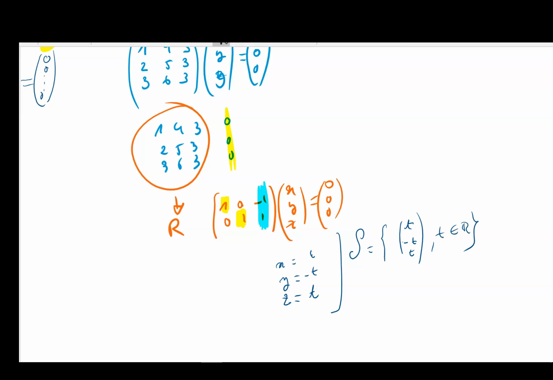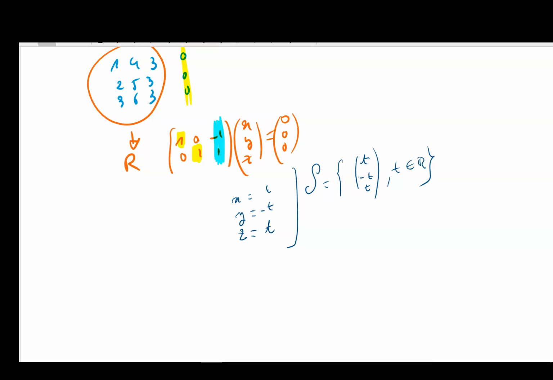Okay? How would you write it with a span notation? Got that? So one intermediate notation would be I can write this as t times (1, negative 1, 1), again for any t that belongs to R. And another way to say that is to say I want the span of the vector (1, negative 1, 1).